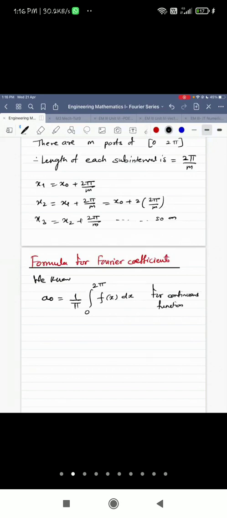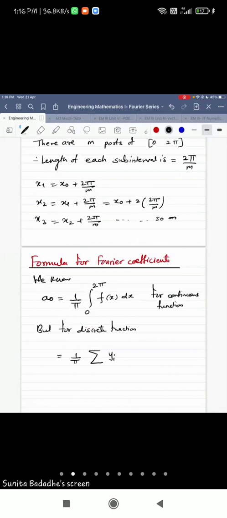But for discrete functions, now what will I have to do? If you remember, the integration is nothing but summation. I will replace the integration symbol by the summation sign. This 1 by pi will be as it is. f(x) I will denote by y, because for each x I have a y value, so I will replace it by yi.